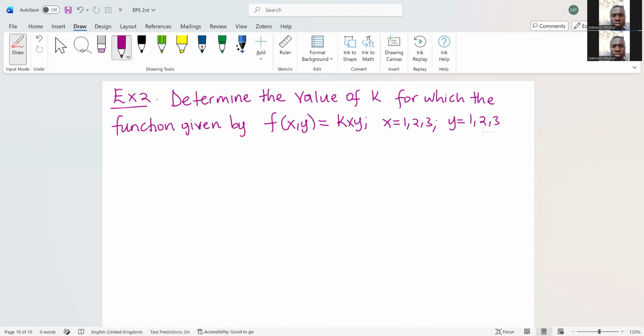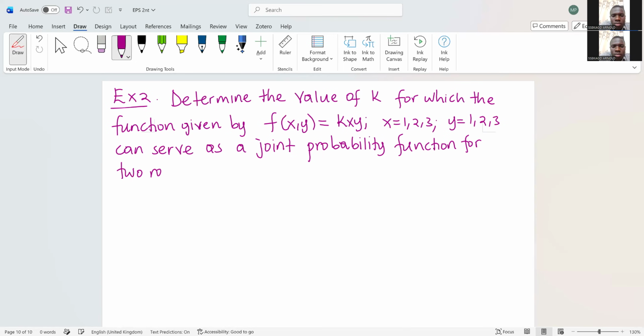I mean the value of k for which the function given by that can serve as a joint probability function for 2 random variables, and those random variables are x and y.